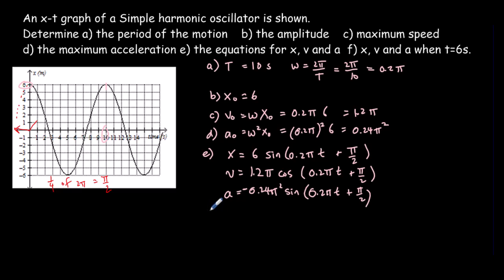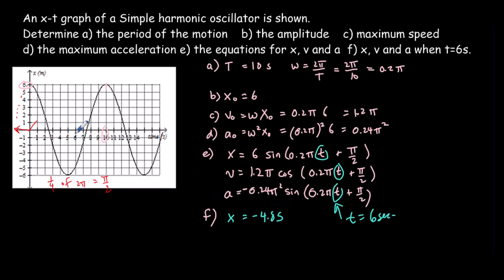And then in part F, what we want to do is simply plug in to these equations. Plug in t equal to 6 seconds. And if you do that for x, you should find that you get negative 0.485.